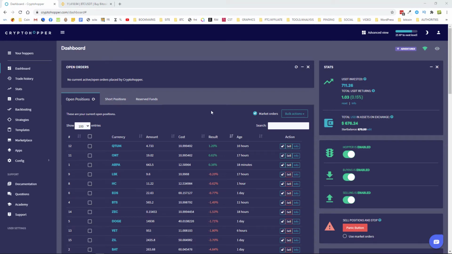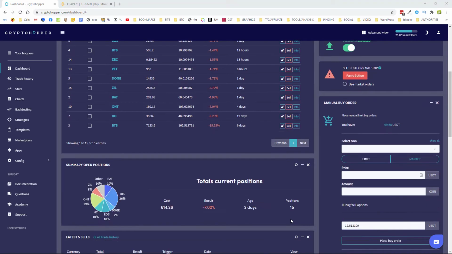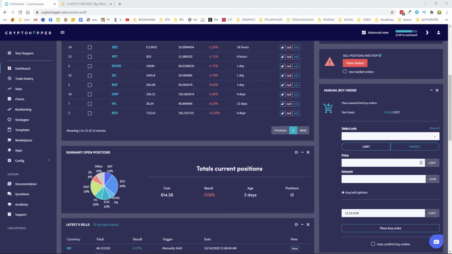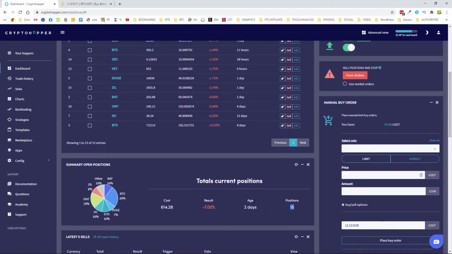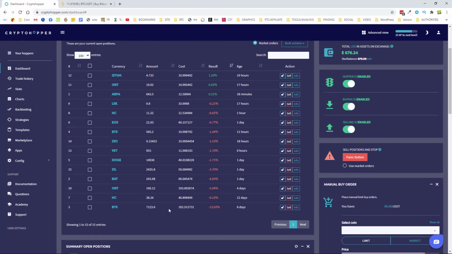All right, so I told you that I'd show you the inside of the robot. Right now, it's got 15 positions, which means it's bought 15 lots of different coins. And I've set it up to buy around $11 of cryptocurrency every time it buys.